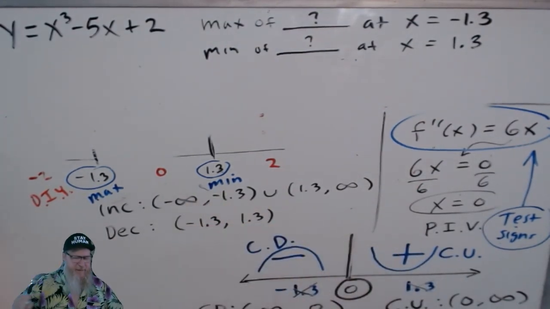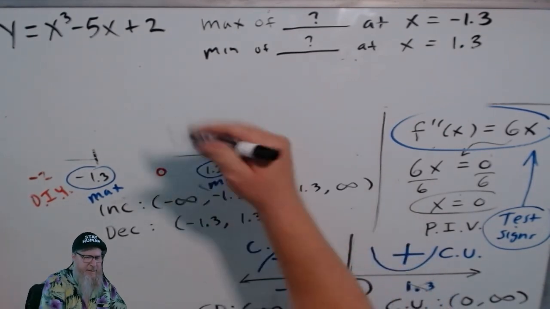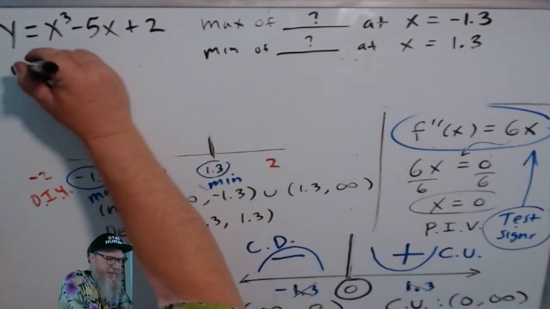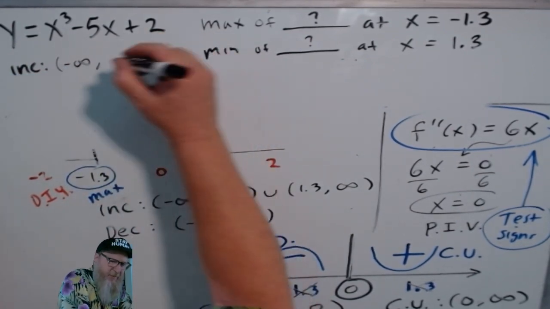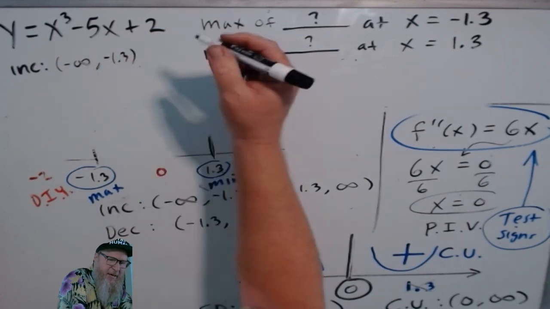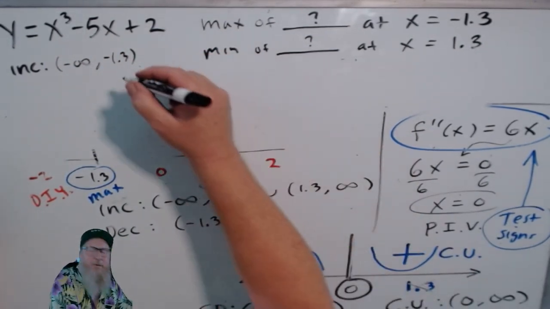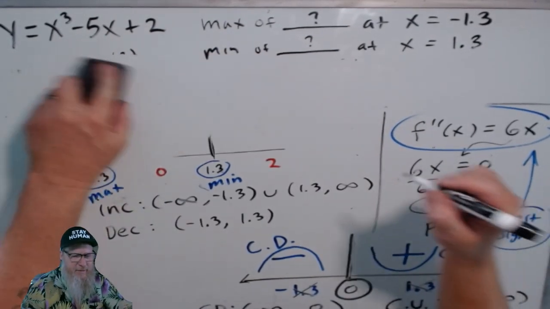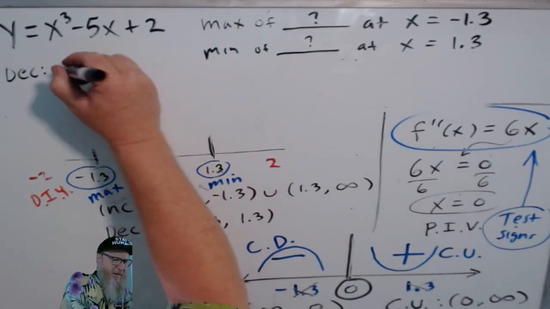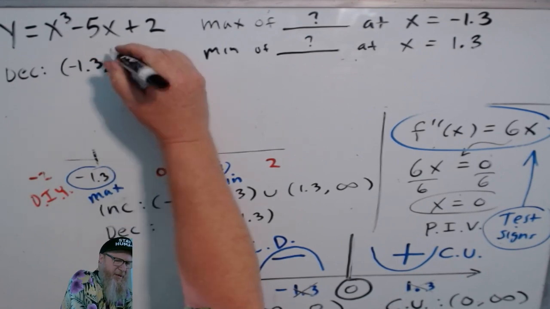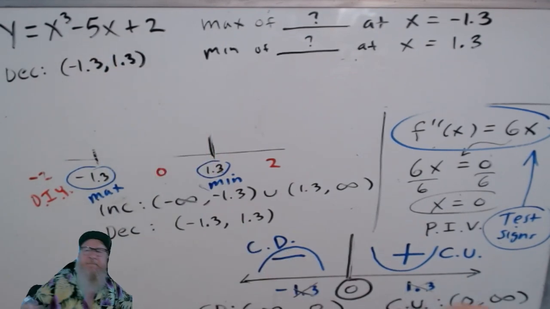I want to erase all this because I'm bringing my board in. I've got increasing from negative infinity to negative 1.3 union. That's not going to fit. I've got decreasing from negative 1.3 to 1.3.